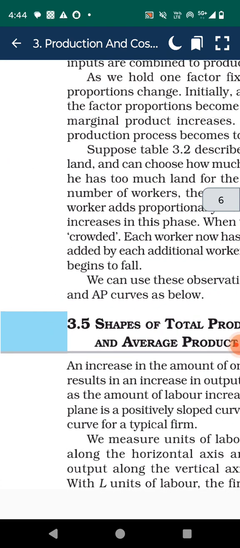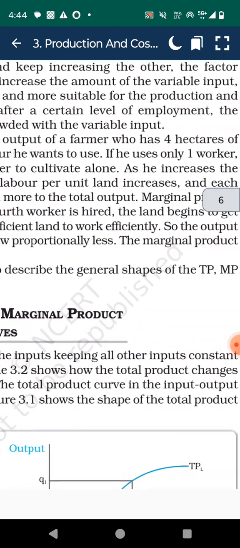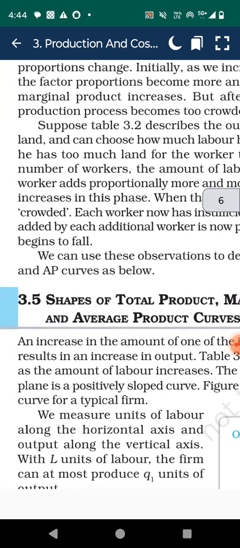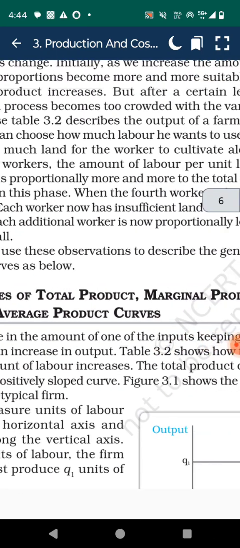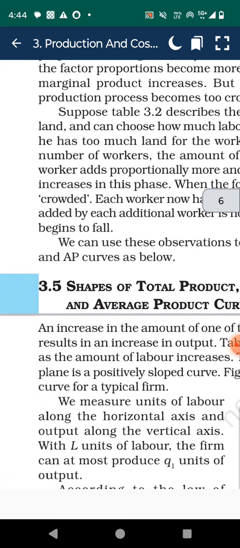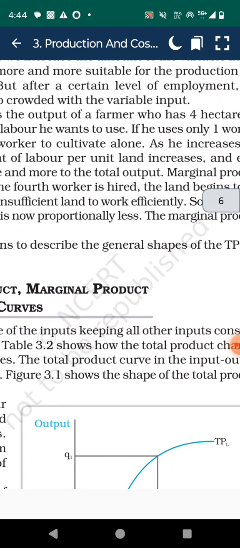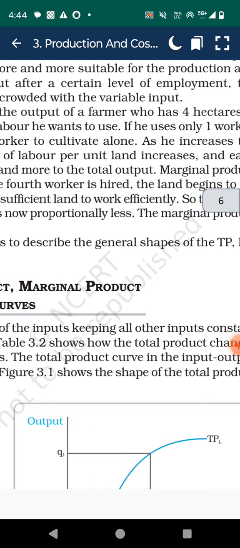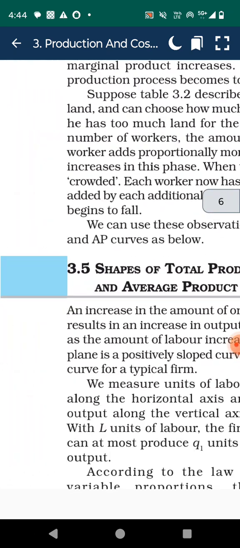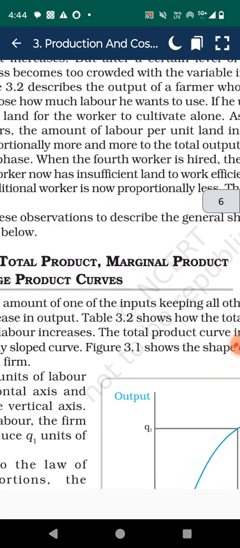Initially, as we increase the amount of the variable input, the factor proportion becomes more and more suitable for production and marginal product increases. But after a certain level of employment, the production process becomes too crowded with the variable input.